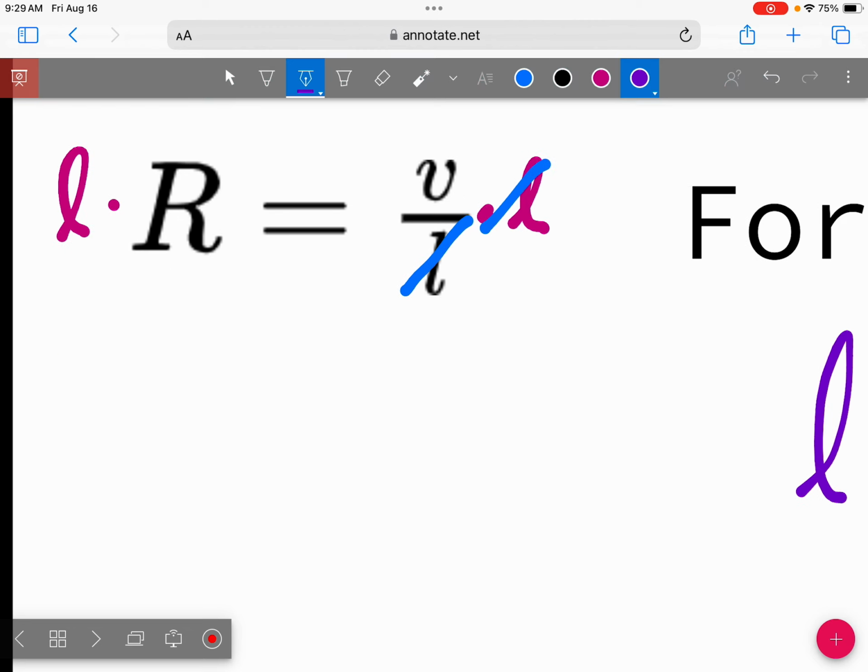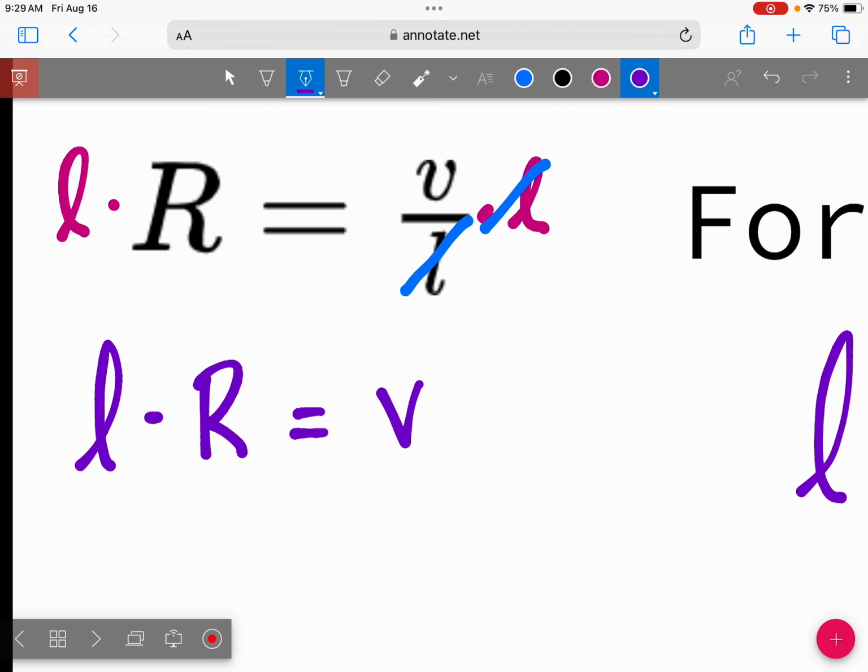So now I have either L times R or RL. Either way, it doesn't really matter. L times R equals V. That is a V, I know it looks like a U. What do I need to do to get L by itself?